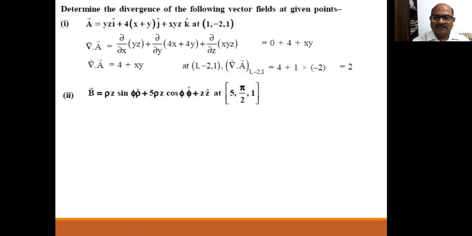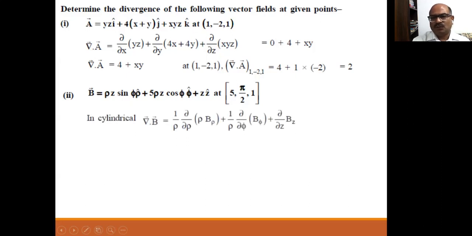Because the cylindrical coordinate system has rho as the radius of the cylinder, phi as the angle of the plane moving to create the cylinder of height z, and the point is also given in the same manner: 5, pi by 2, and 1. It means the numeric value, then angle, then again numeric value. So rho, phi, and z.